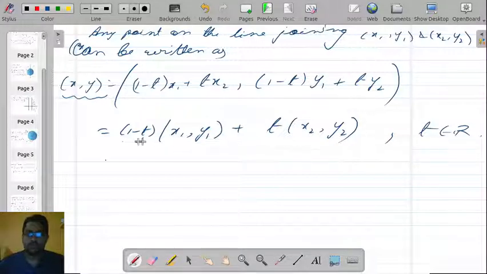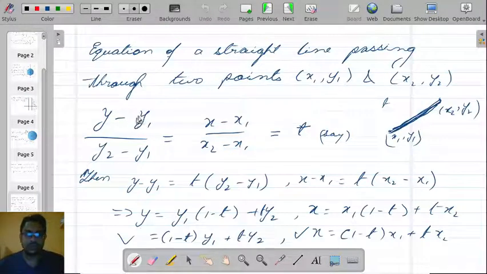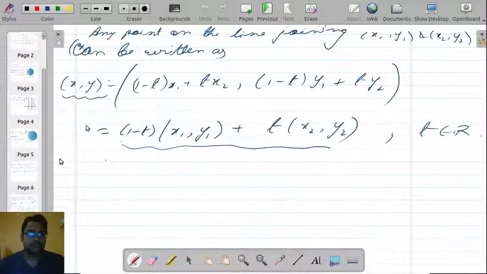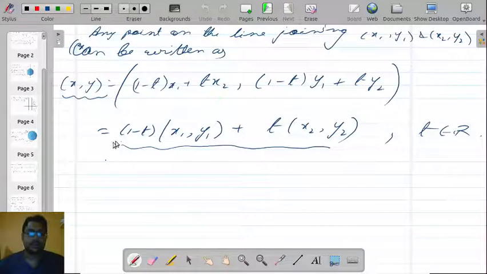Correspondingly, if we have any point of this type, then obviously it's a point on this straight line, because it will satisfy this particular ratio. Any point (x, y) will lie on the straight line if these two ratios are equal.